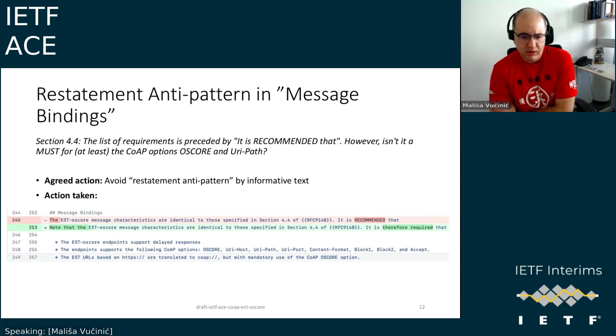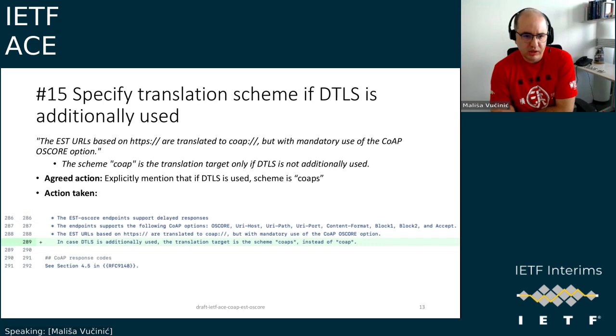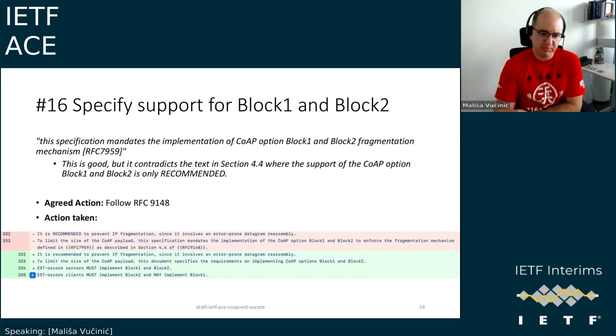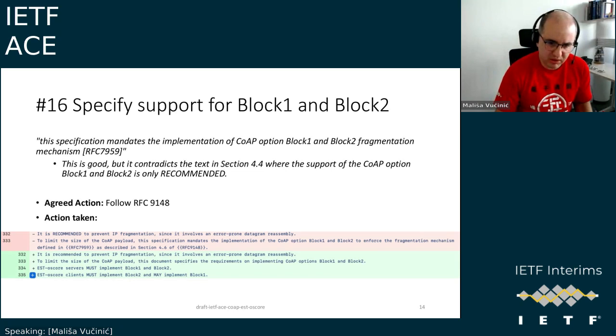And later, in slide 16, we specify exactly what must be implemented and what may be implemented in terms of block 1 and block 2. Here we somewhat follow RFC 9148.